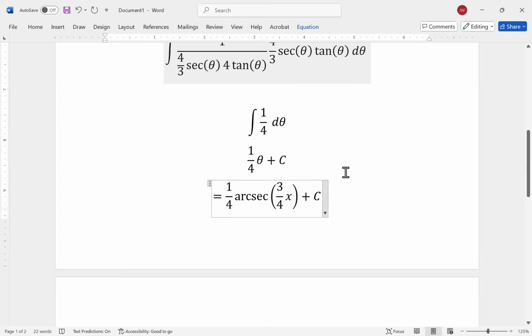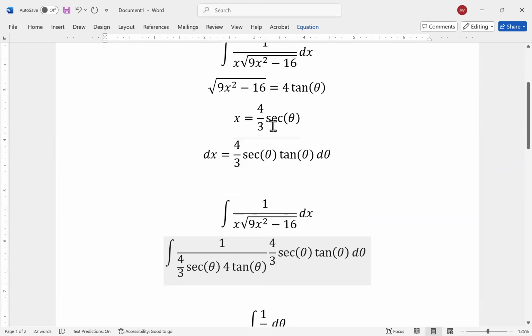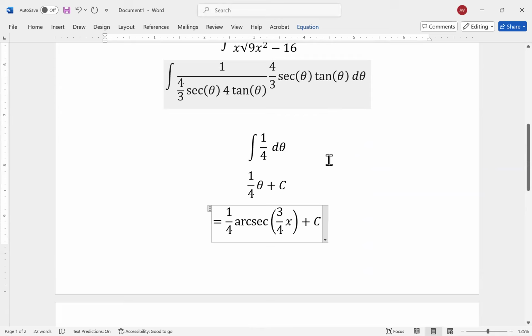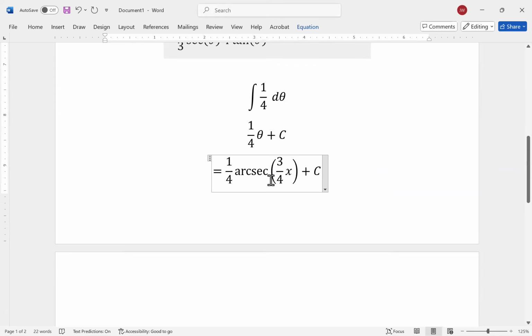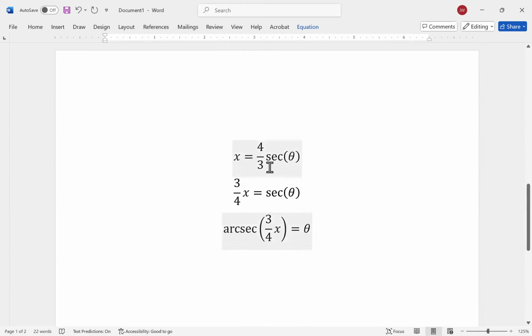Now, I've always been just solving for this using arc secant or arc tangent or arc whatever. It turns out that if you want to, we can solve for arc cosine as well. Since secant is 1 over cosine, you could have said, oh, this is 1 over cosine theta, and then solved it for arc cosine if you'd like.